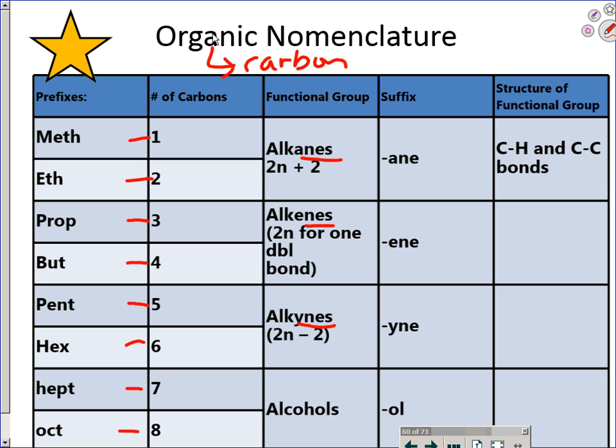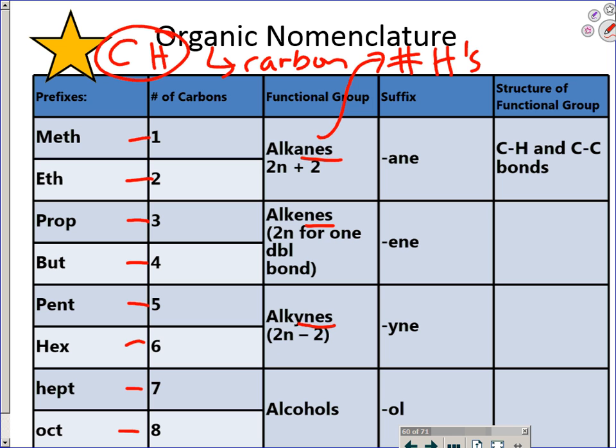So the idea is that the ending, ane, ene, or yne, helps describe the number of hydrogens in the compound. What we do to determine the formula between the carbons and the hydrogens, this is called a hydrocarbon.